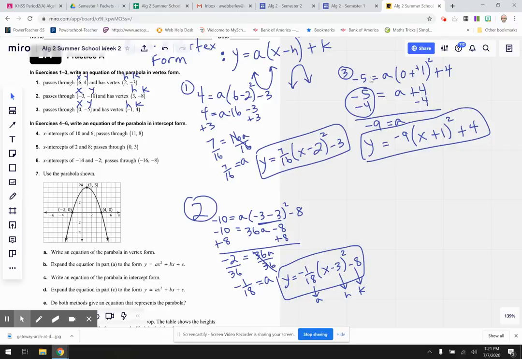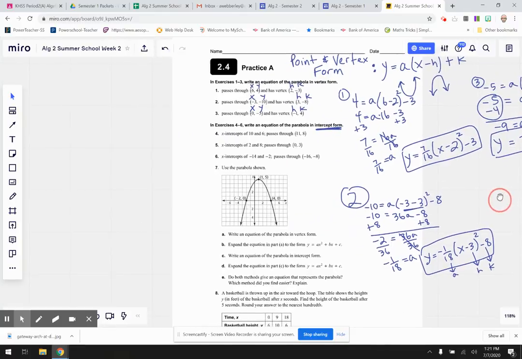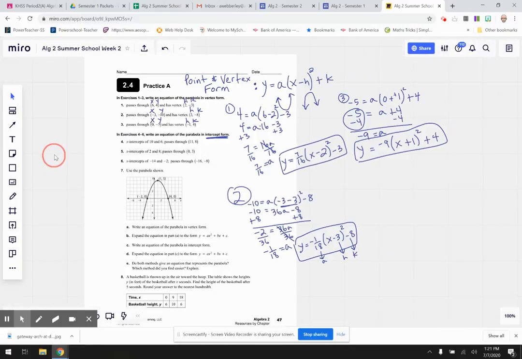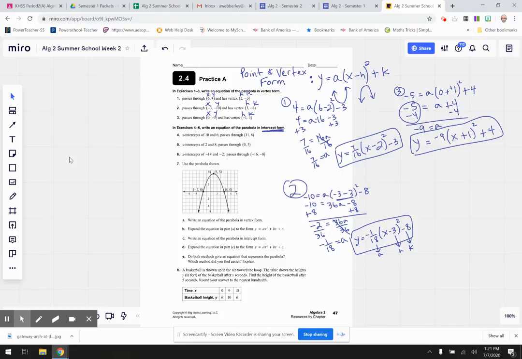So that's called the point vertex form right there, point and vertex. Numbers 4, 5, and 6, we are going to look at the intercept form. Okay, so we have a formula for that too. So what I'm going to do is move it to this side now. Leave 3 there for you so you can see it for now.